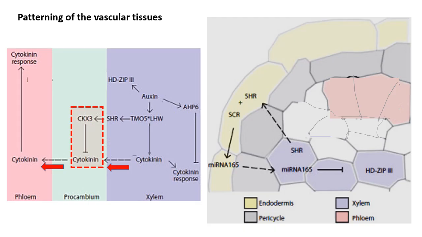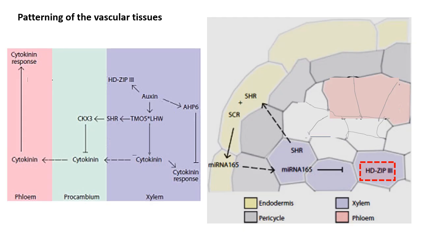The activity of HD-ZIP3 transcription factors plays an important role in vascular patterning. We have already seen that the HD-ZIP3 transcription factors like Arabidopsis thaliana homeobox 8, or ATHB8, regulate patterning of the central region, and the HD-ZIP3 Phabulosa patterns the adaxial regions during early embryogenesis.